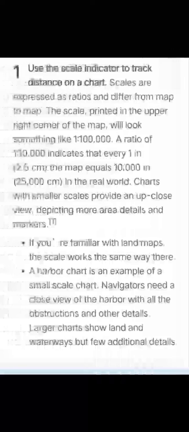If you're familiar with a land map, the scale works the same way. A harbor chart is an example of a small scale chart. A navigator needs a close view of a harbor with all obstructions and other details. A large scale chart shows land and waterways but few additional details.